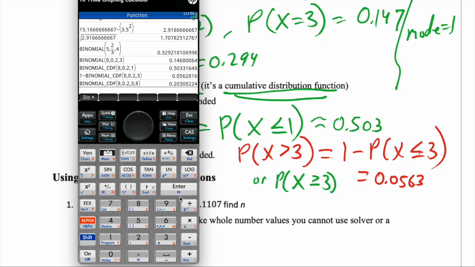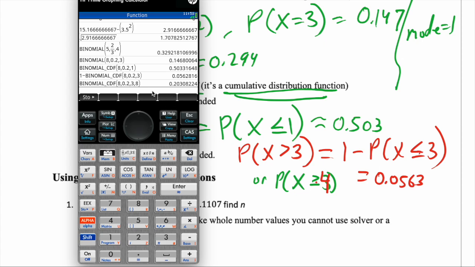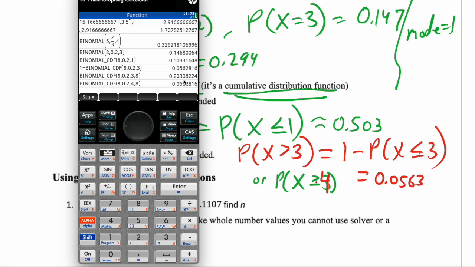And, oh, it doesn't work, does it? Actually, I wanted 4 there. Sorry, that's my mistake. If you want greater than 3, it's x greater or equal to 4. So let's check that out. Yes, so this matches our answer we did the other way.